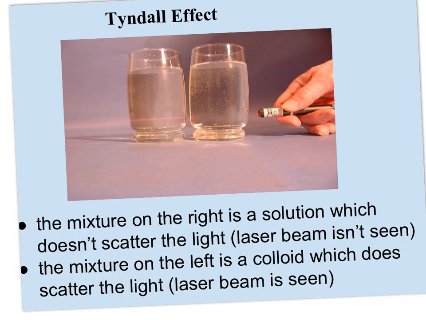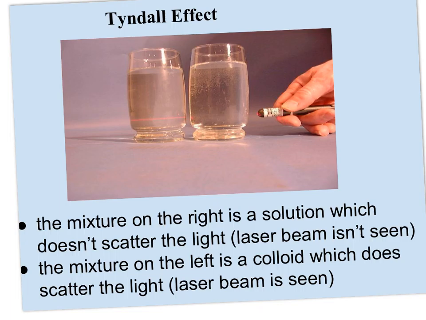In the liquid on the left, we definitely see the laser passing through. So that helps us realize that the mixture on the right has to be a solution because only solutions lack the Tyndall effect. The laser beam can't be seen. But the mixture on the left does scatter the light, so it's either a colloid or a suspension.